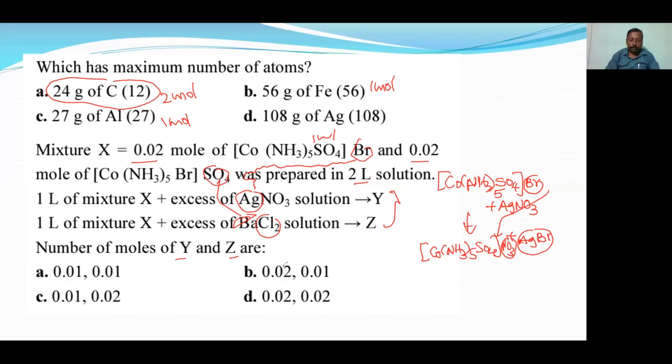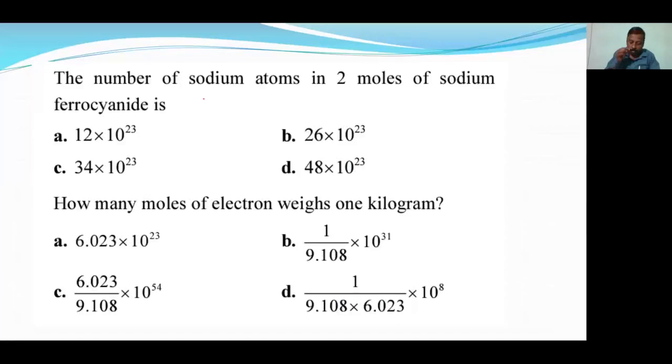After simplification, you will get option A. Both will be 0.1, 0.1. Actually it is 0.02, but here 2 moles are required per mole. Therefore the answer is 1:1 only.